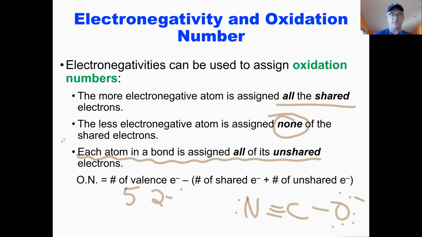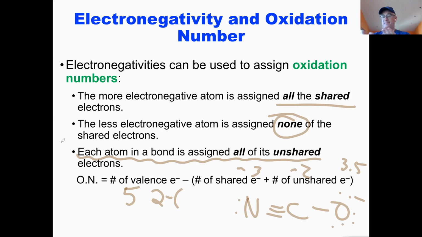And then we also subtract all the shared electrons that it has next to an atom with a lower electronegativity. Oxygen's is around 3.5, I think. Nitrogen is around 3, and carbon's around 2.